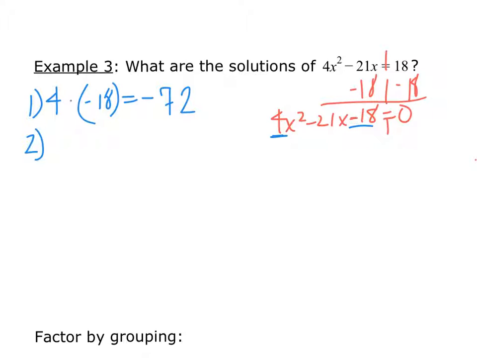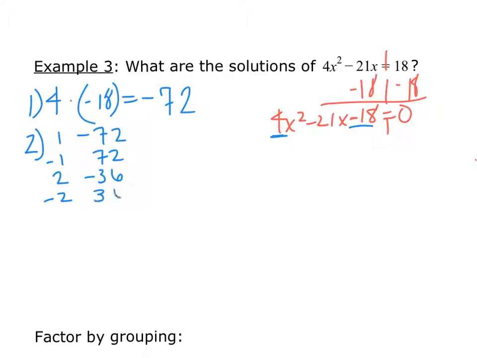Step 2, I want to list all the factors of negative 72. We got 1 and negative 72, negative 1 and positive 72. All right, 2, what goes into 72 2 times? 36.